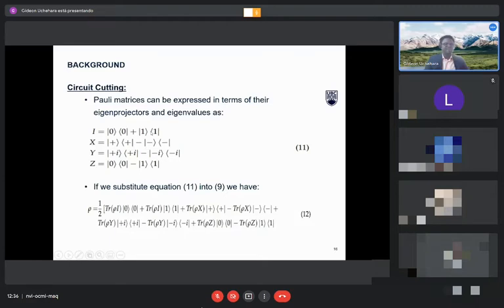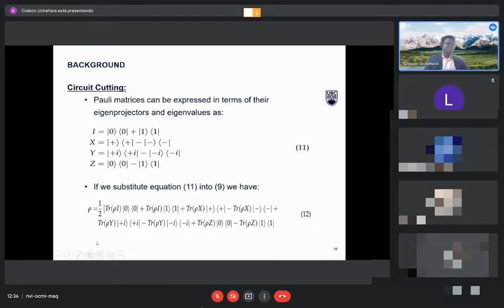Those are the eigenvectors for the identity. For Pauli X, it has eigenvectors plus and minus. For plus, it has eigenvalue +1. For the minus state, it has eigenvalue -1. Same for Pauli Y, the eigenstates are plus i and minus i, with respective eigenvalues +1 and -1. Same applies to Z. That is why we can represent them this way.